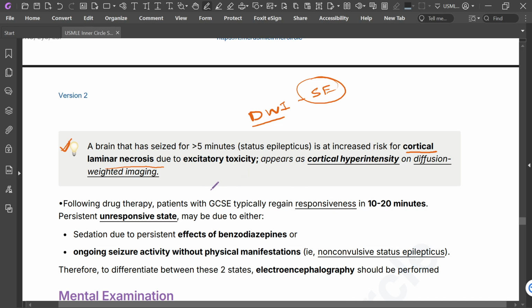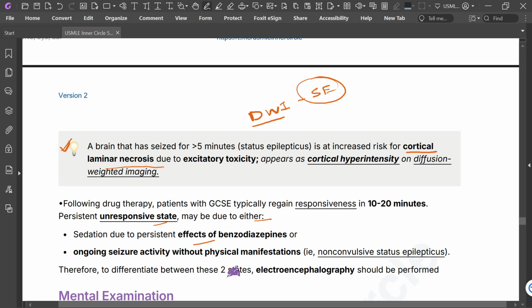Following drug therapy, patients with generalized convulsive status epilepticus typically regain responsiveness in 10 to 20 minutes. If the patient remains unresponsive, the persistent unresponsive state may be due to either sedation from the persistent effect of benzodiazepine, or ongoing seizure without physical manifestation, non-convulsive status epilepticus.